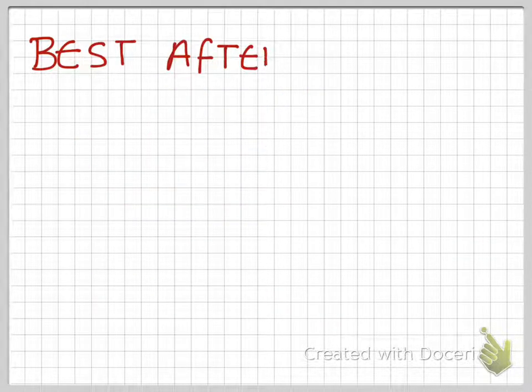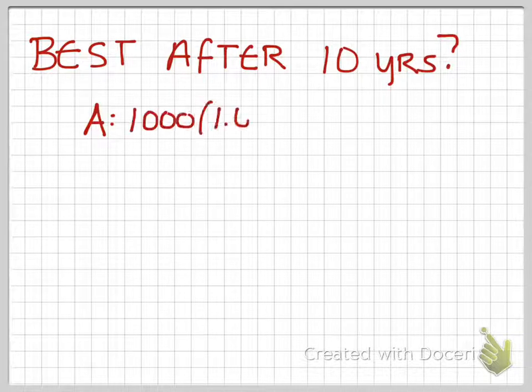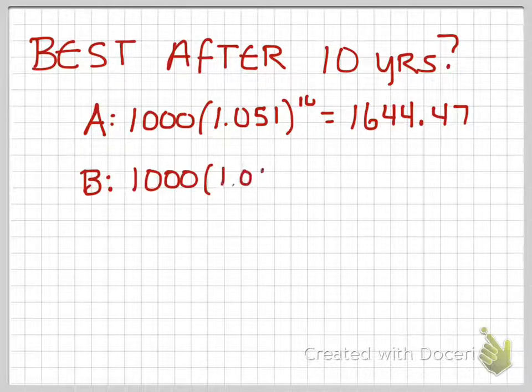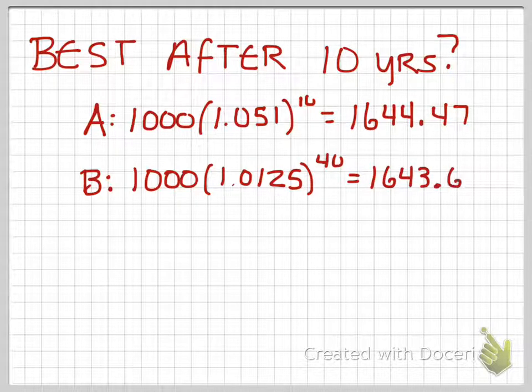We're supposed to figure out how much each of these banks are after 10 years. Well, for Bank A, we just plug in 10 for x, come up with $1,644.47. Bank B, now notice here that we're going to put in 40 because we have to take 10 years. We have to multiply it by 4 because it's 4 times a year, in which case we're going to come up with $1,643.62.